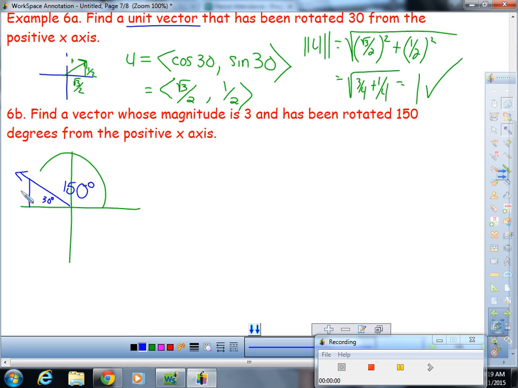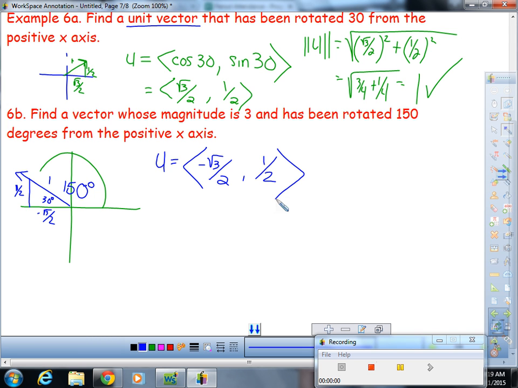I would call this 1/2, 1, and negative radical 3 over 2, using my 30, 60, 90 triangles. And so we would say that the unit vector in this case would be the cosine, so negative radical 3 over 2, comma the sine, 1/2. This is exactly what we just did above. So we just made a unit vector.